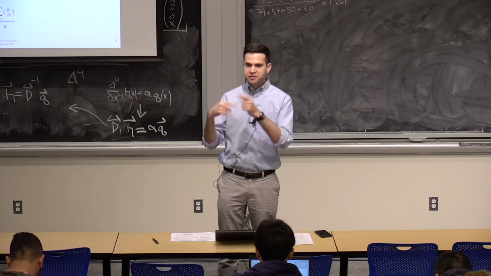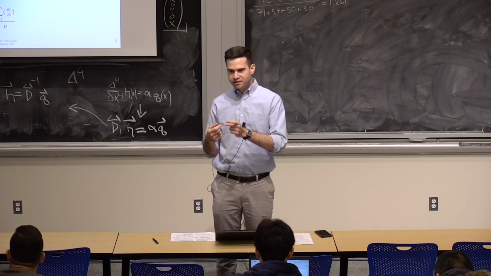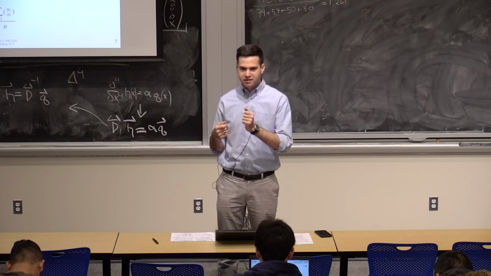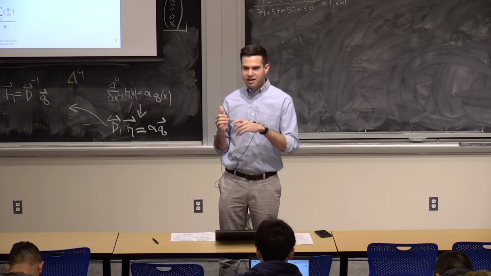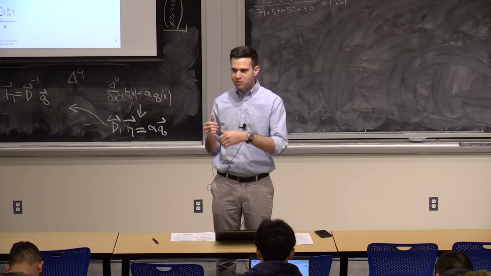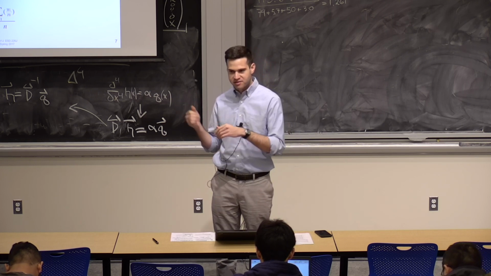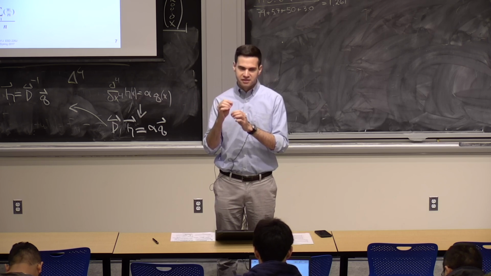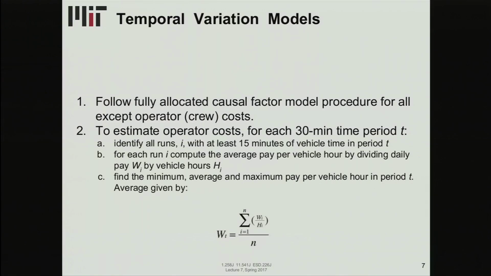So each of these runs is going to have a different cost. Some runs are going to operate more in the peak, and they're going to have more overtime, for example, or more spread penalties, and we'll talk about those now. And so those runs will be more expensive. Other runs that are straight are going to be less expensive. And you can calculate an average for each 30 or 15-minute period.